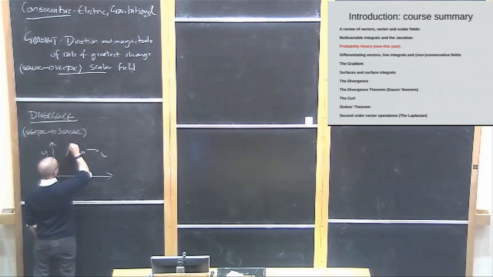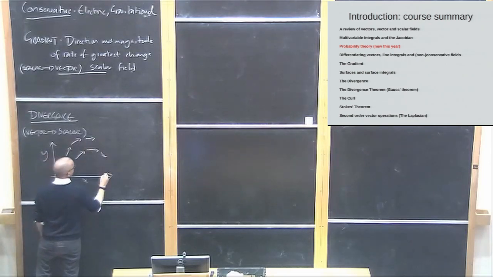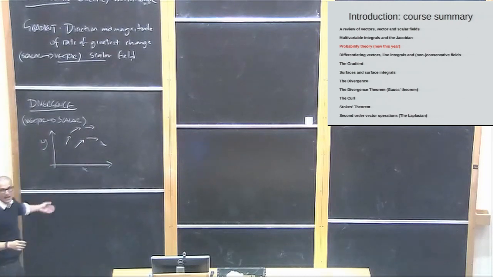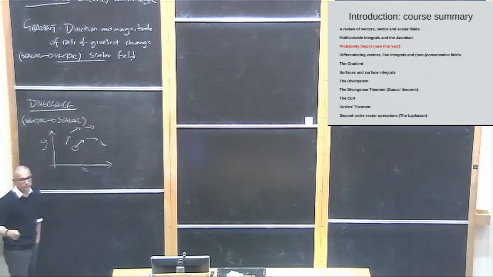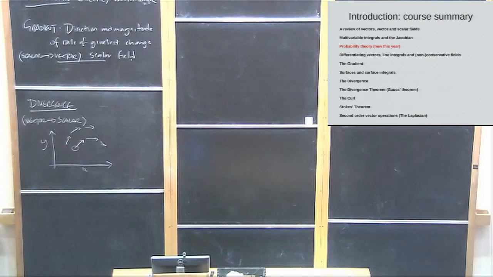There are vectors with magnitude and direction at every point in your vector field, and the divergence basically says that we take some infinitesimally small region in that vector field, and we calculate the surface integral of the vector field as we shrink that radius down to 0. So that essentially tells you how much that field is flowing in or out of any given point.